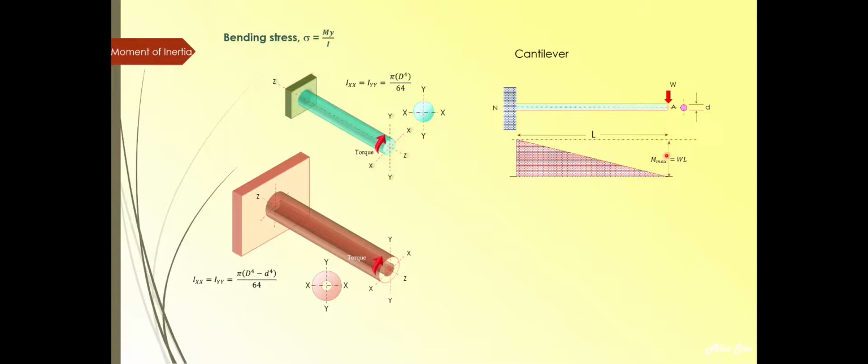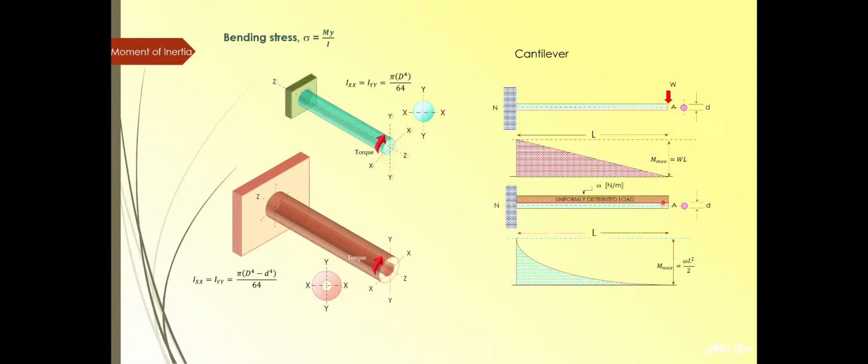So this would be your maximum bending moment, that is by taking moment about this point here, the fixed end. So you will have W multiplied by L. So that is your maximum bending moment, for the point load W.